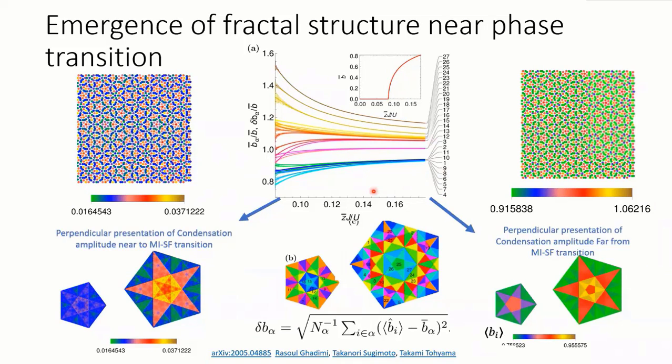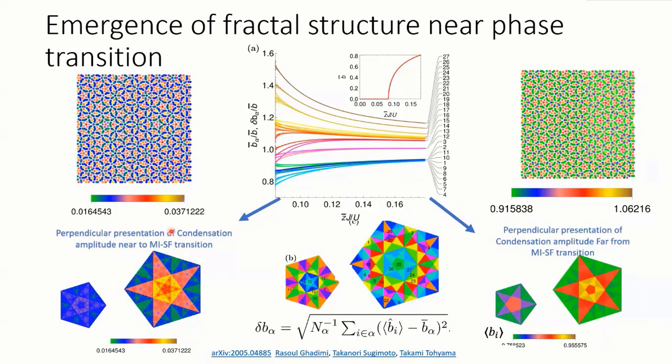Far from the phase transition, you will see that the distribution of the order parameter in perpendicular space has a handful of colors, for example 14 different colors of superfluidity amplitude. But near the phase transition, you can see a fractal structure appear in perpendicular space.